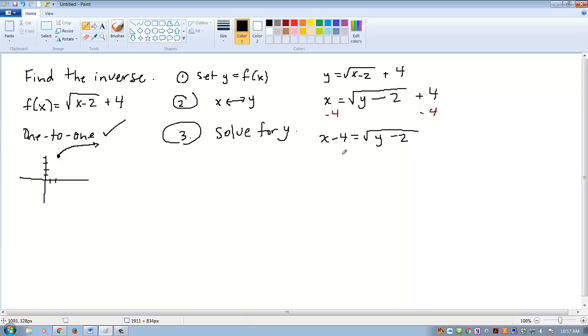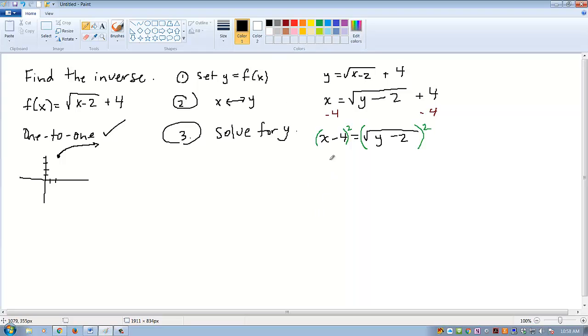Now, at this point, this is how I want to be able to square it. So now I'm going to square this side because that gets rid of the square root on the right. This is the only way to get rid of the square root too. You can't do it any other way.